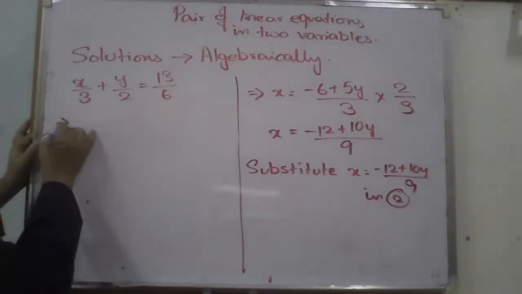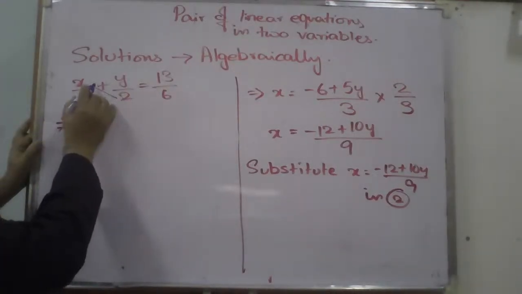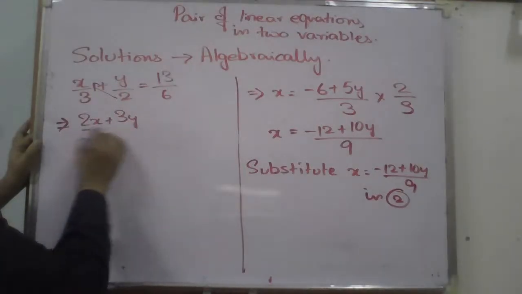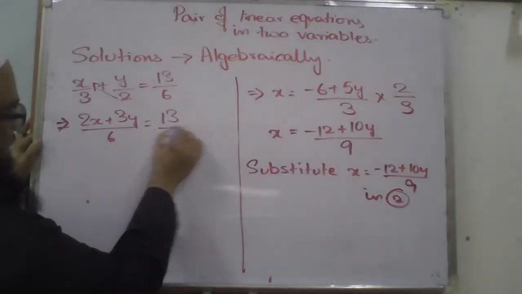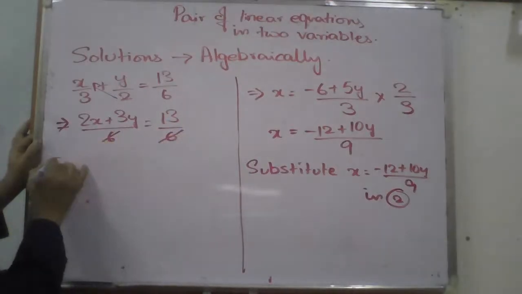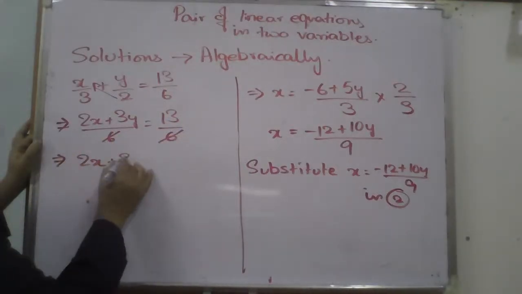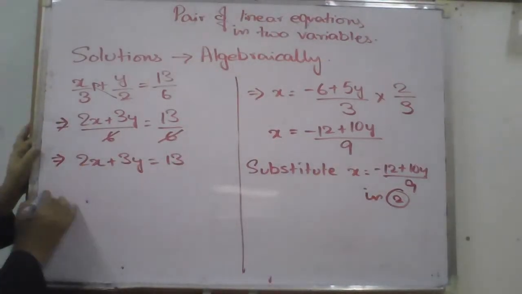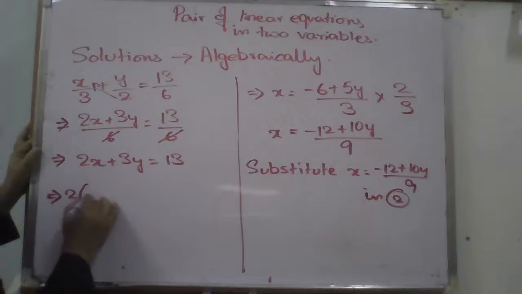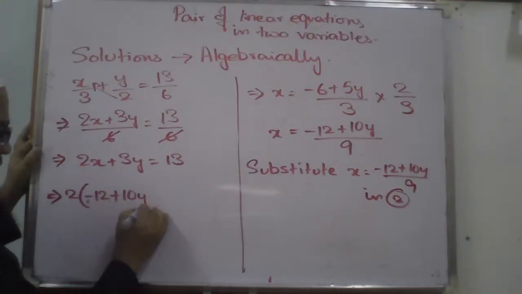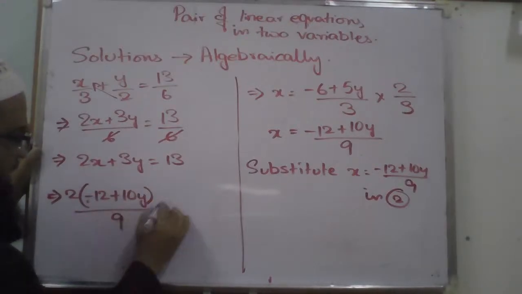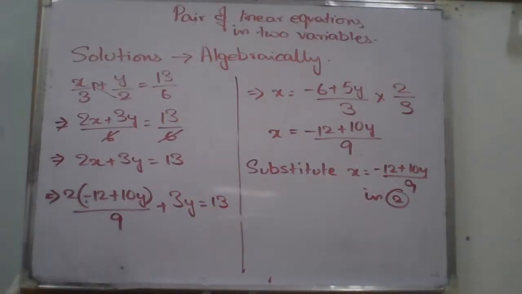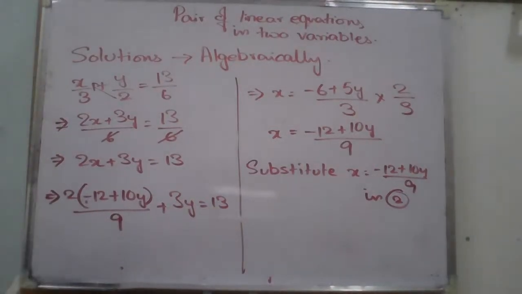So take the LCM: 2 into x, 2x, plus 3 into y, 3y, divided by 6 is equal to 13 divided by 6. 6 and 6 get cancelled. That is 2x plus 3y is equal to 13. Now substitute x: 2 times minus 12 plus 10y divided by 9 plus 3y is equal to 13. Understood? Now let us simplify.